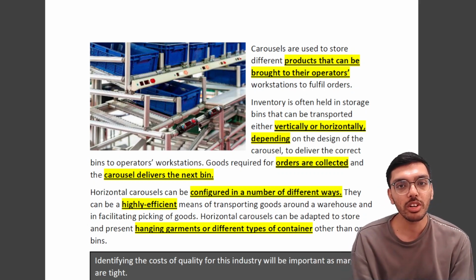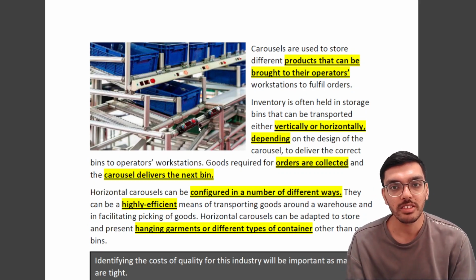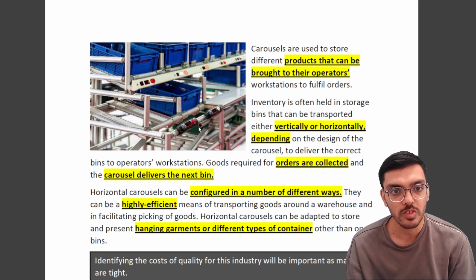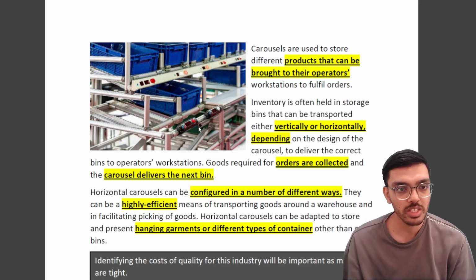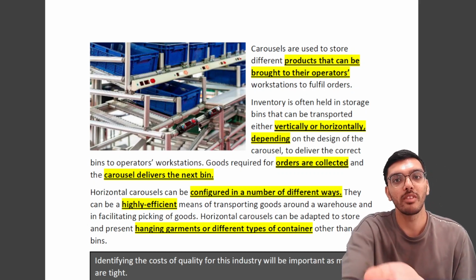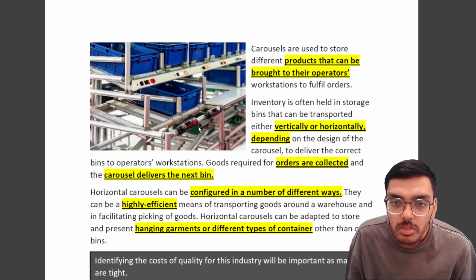So we were speaking about carousels, which are used to store different products that can be brought to their operators' workstations to fulfill orders. Like the image that you see, there are rolling platforms. So whatever is needed is brought to the operator.